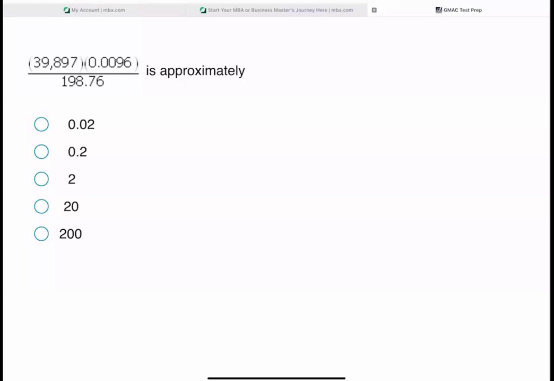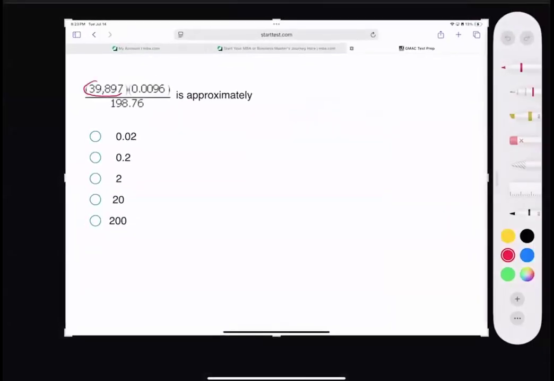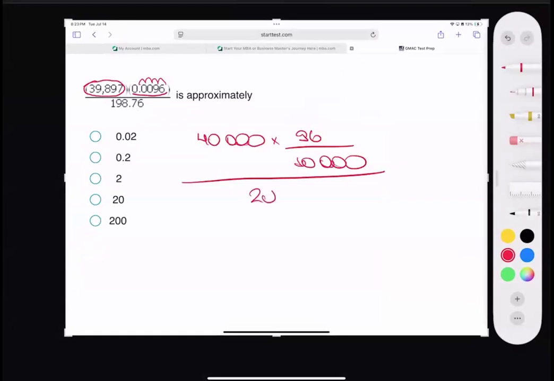Done? This is 40,000. This is 96 divided by 1, 2, 3, 4. 10,000, as he said, approximately. Okay. This is 200.